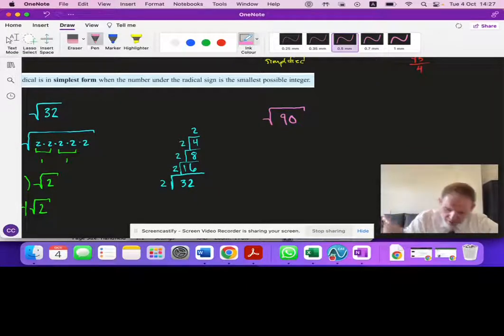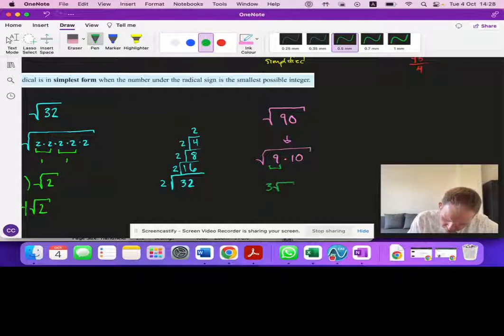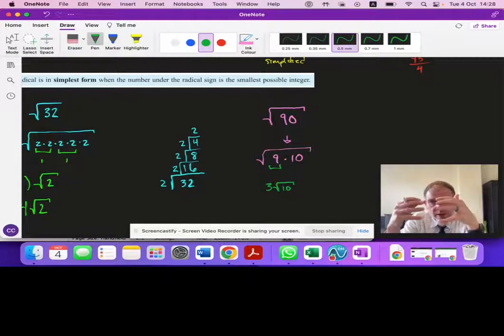Well, I already know I could rewrite this just as 9 times 10. 9 is already a perfect square, right? 9 is 3 times 3. 10 I can't do anything with. So the fast way of doing this, which would get me my correct answer, 3 square roots of 10, would be figure out what we can multiply together and then pull things out.